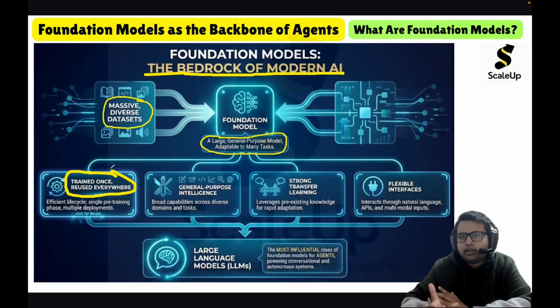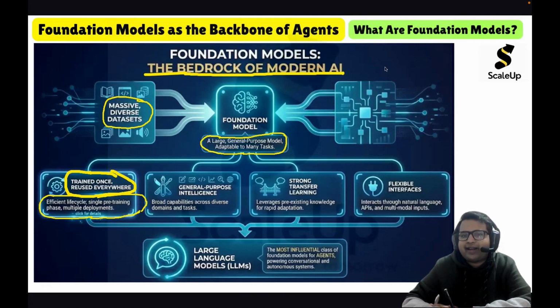Gemini, GPT-4, like the ChatGPT you use, they are foundation models. You use it for so many different tasks. So they have an efficient life cycle. A single pre-training is needed, and then once the foundation model is trained, we can think about multiple deployments.